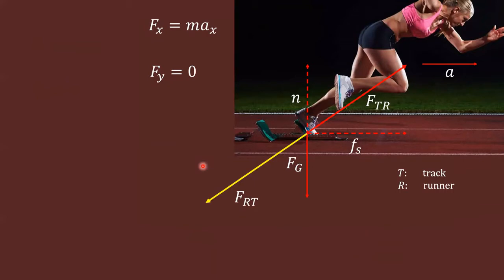So I've made a bold assertion here, that the force of the runner on the track, that's F RT, perhaps should have the same magnitude (see, the length here is the same as the force of the track on the runner) and the opposite direction. It seems reasonable, at least.